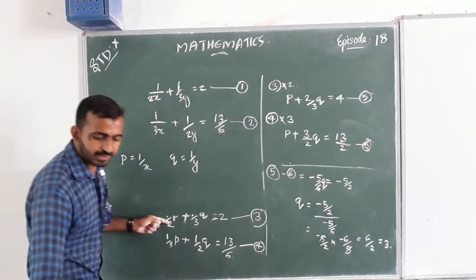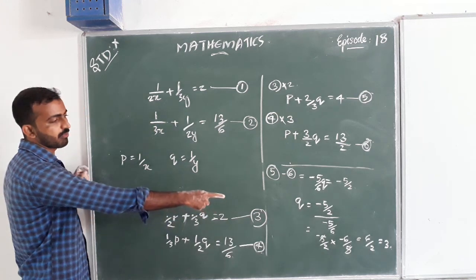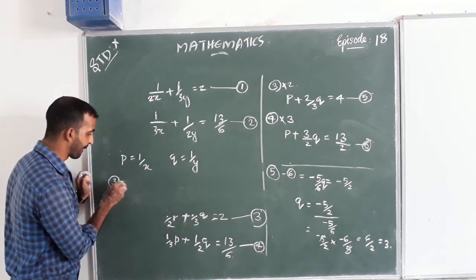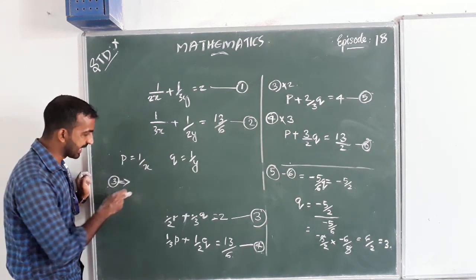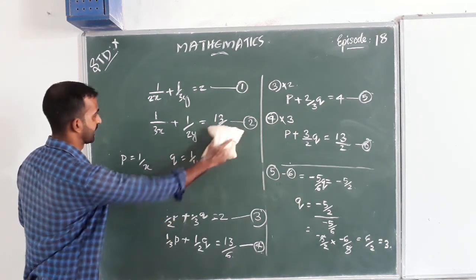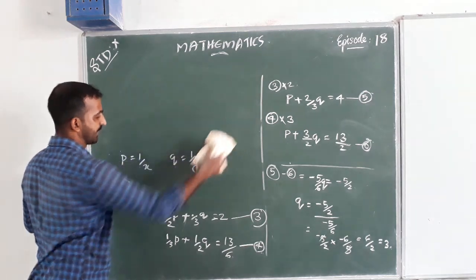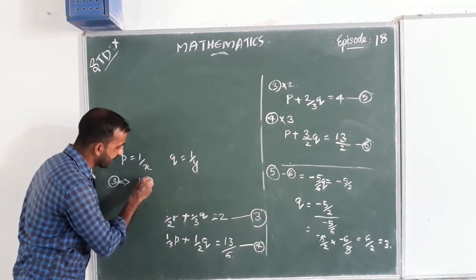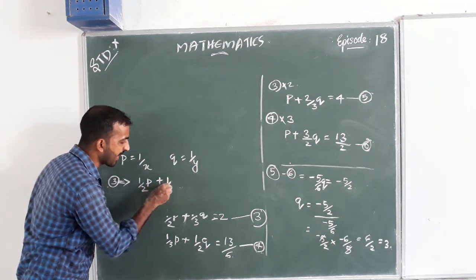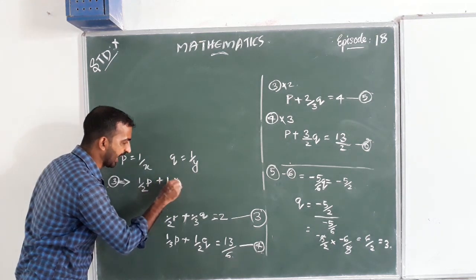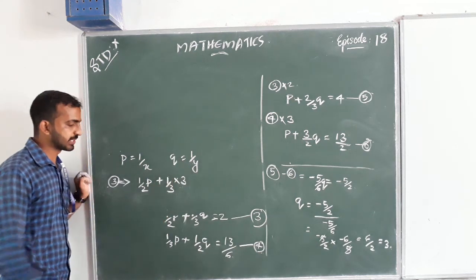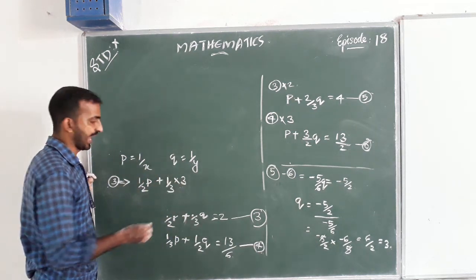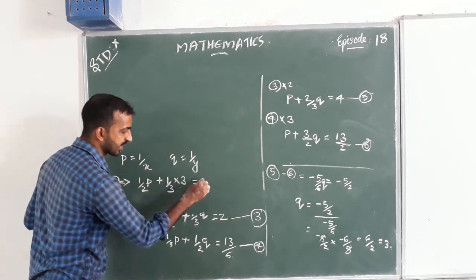We put the value of Q in equation number 3. Equation 3 implies, what do we get? We get 1 by 2P plus 1 by 3 into 3, that is, the value of Q is 3, equal to 2.